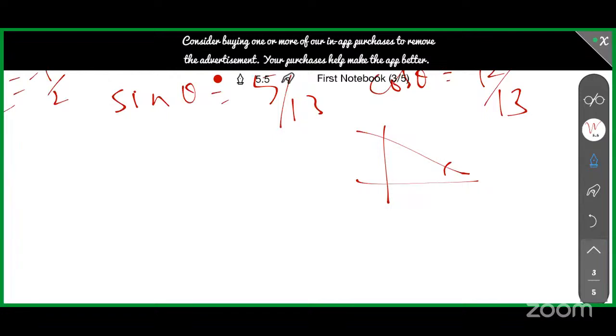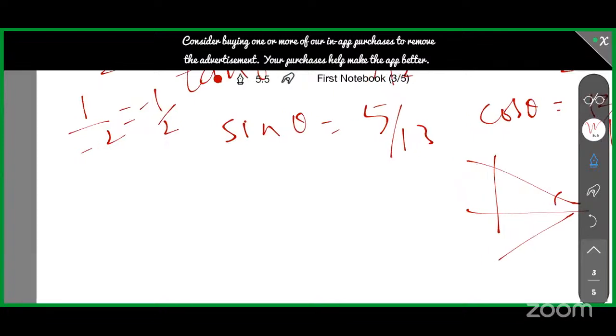If I take the fourth quadrant, the angle is in the clockwise direction. So the positive angle is in which one? Therefore, the possible value of theta will be in which quadrant?